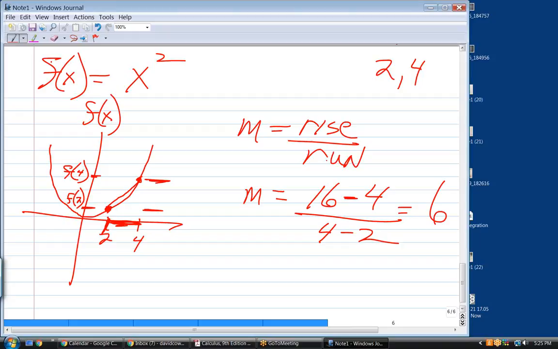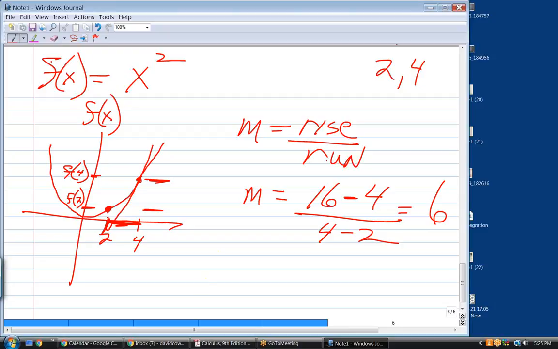Now, they might want the instantaneous rate of change at the point 2 and at the point 4. Actually, it doesn't say that. Well, if we did want it, that's what calculus is all about: instantaneous rate of change, or the slope of the tangent line.